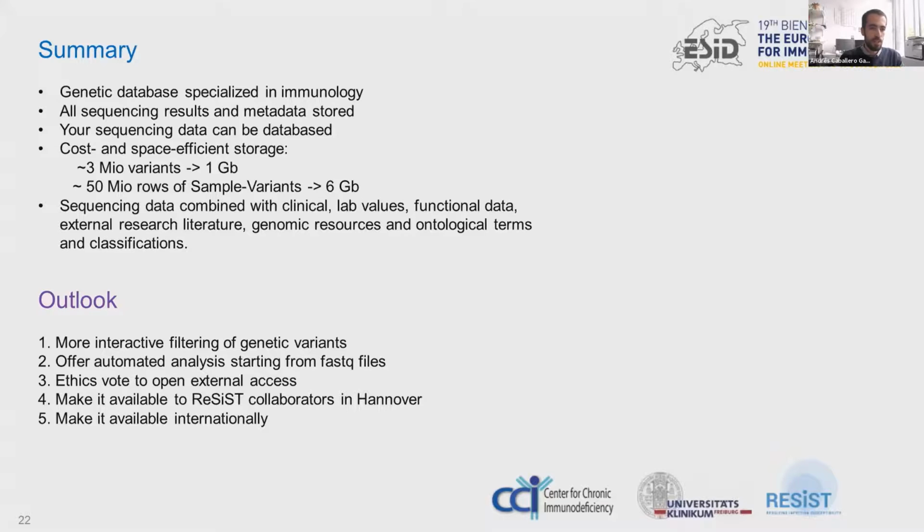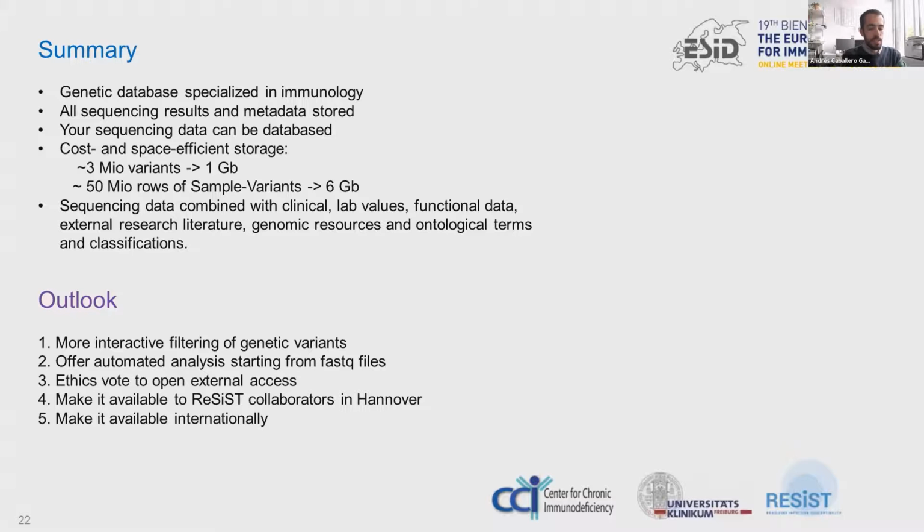As you know, FASTQ files are large, and with this approach, you could probably get rid of them at some point, because the storage is very low in this setting. In addition, we can combine this data with other clinical data, lab values, and functional data. This is something you could not do with other databases such as ClinVar or OMIM, which are great, but they're not specialized in immunology.